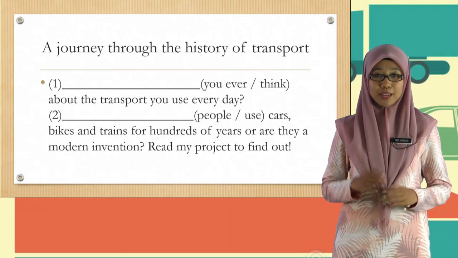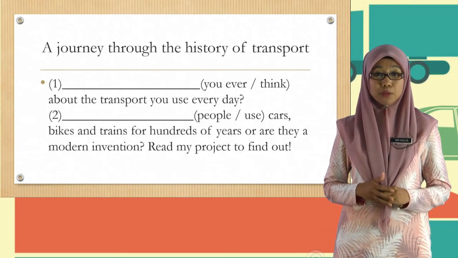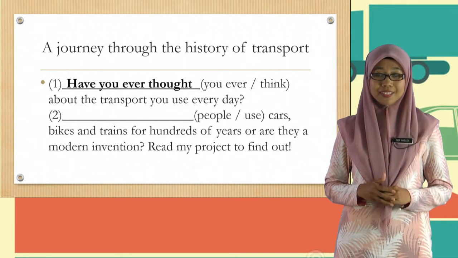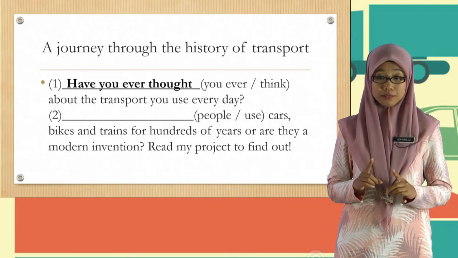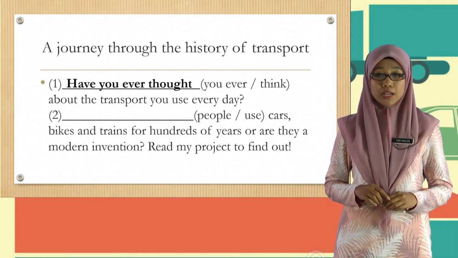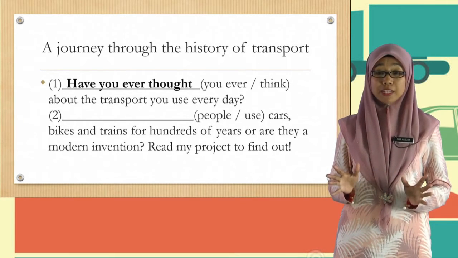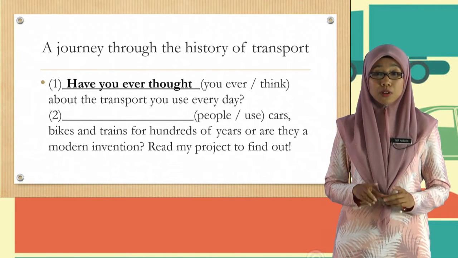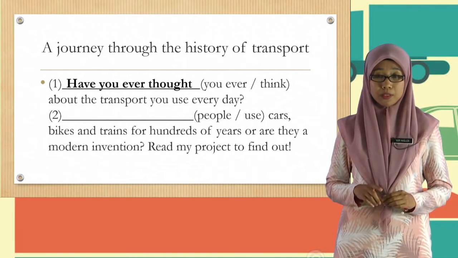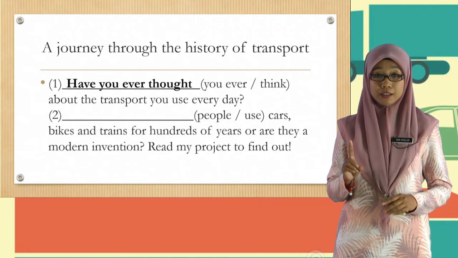Can you write the correct answer for number 1? What is your answer? Yes. Have you ever thought about the transport you use every day? Remember, thought is the verb in past participle. The base verb is think.